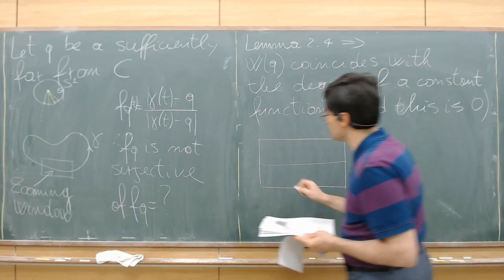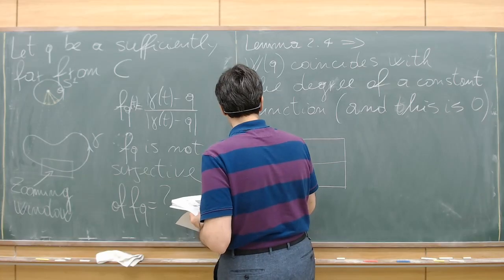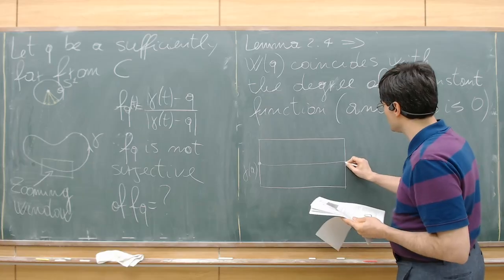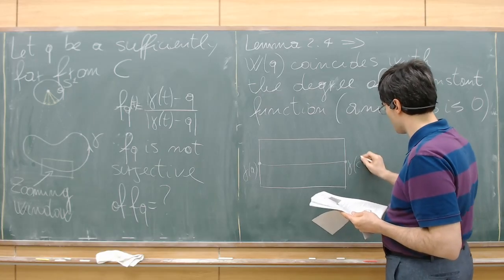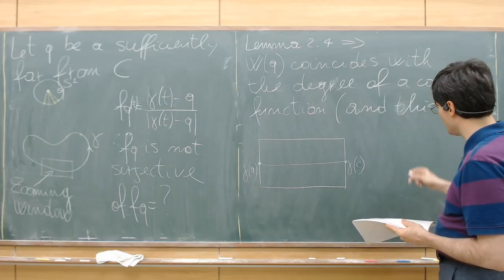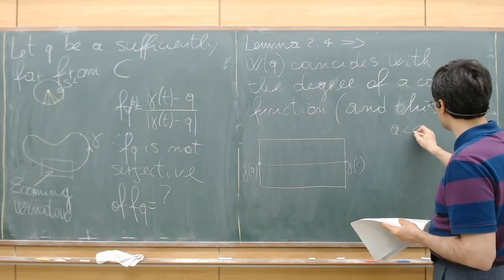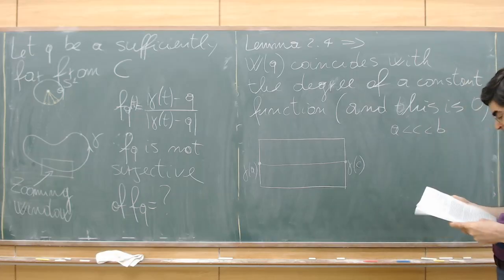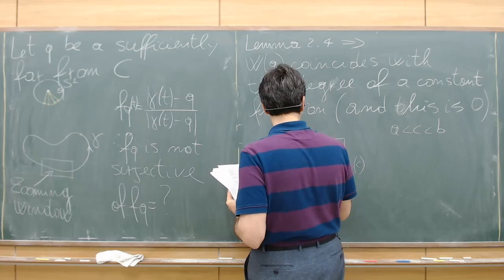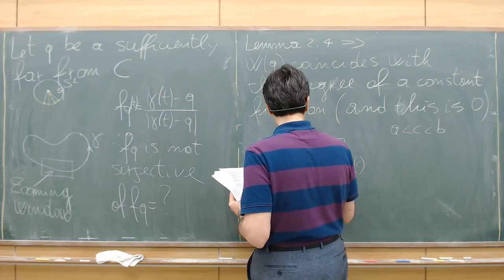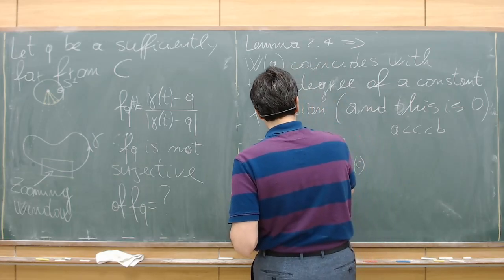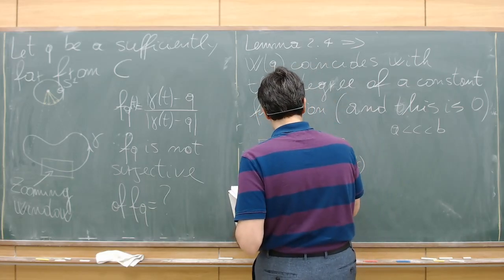I can suppose that up to reparameterization, this point is gamma A, and this point is gamma C, with A less than C less than B. And then I choose a pair of points, P1 and P2, this way.